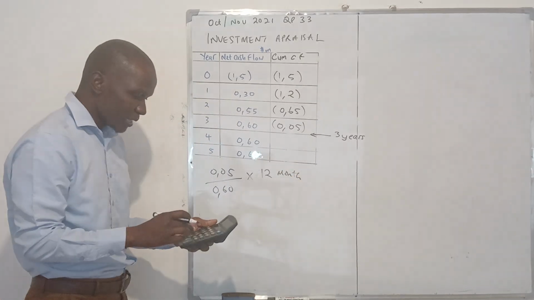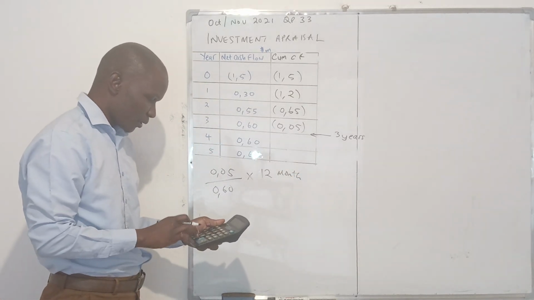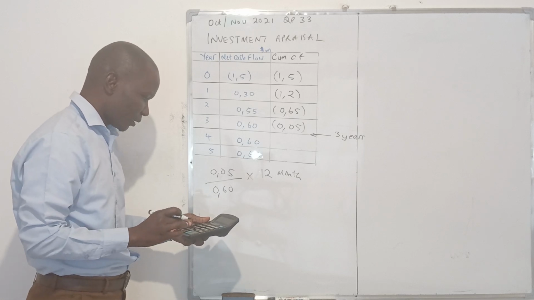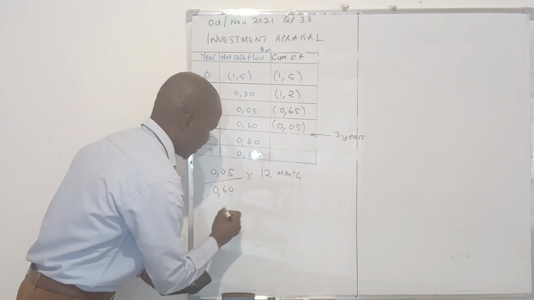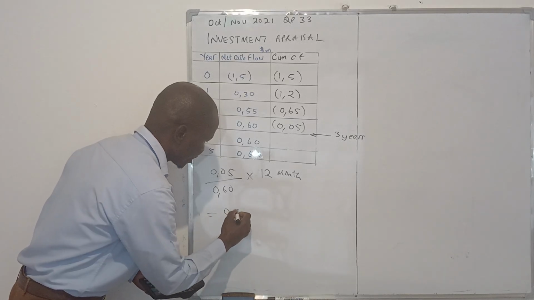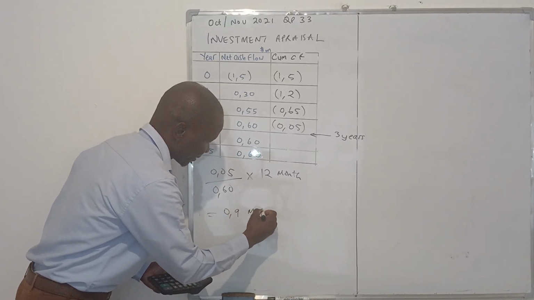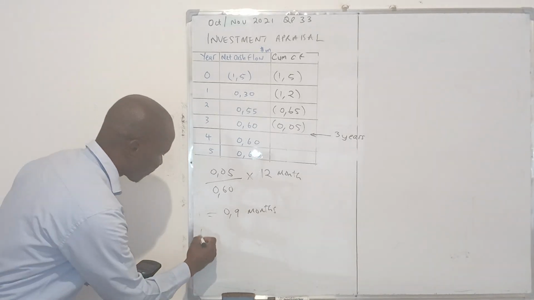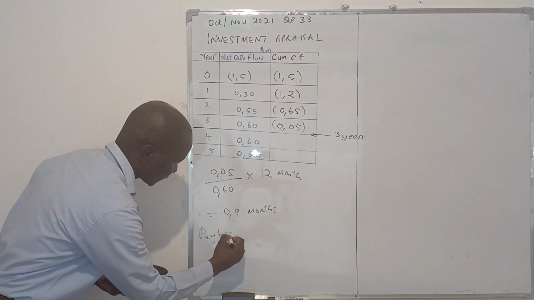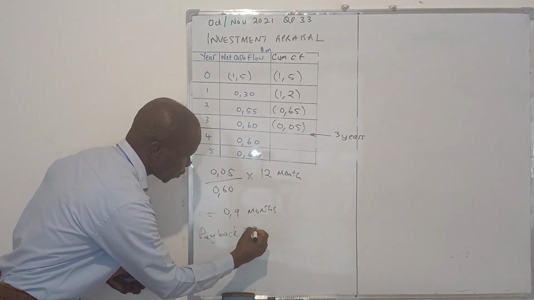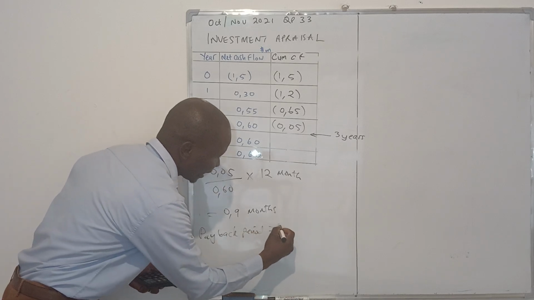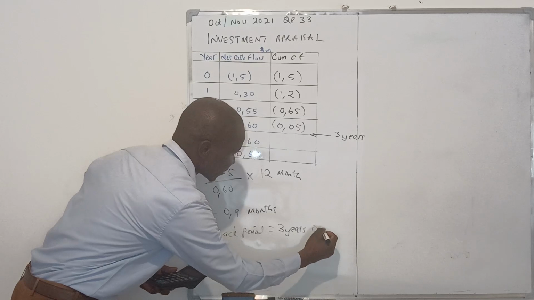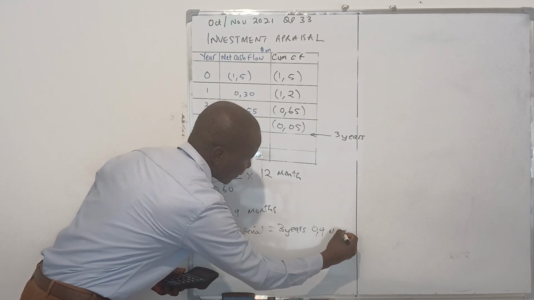If you do that, 0.05 over 0.60 times 12 gives us 0.9 months. So therefore our payback period is equal to 3 years, 0.9 months.